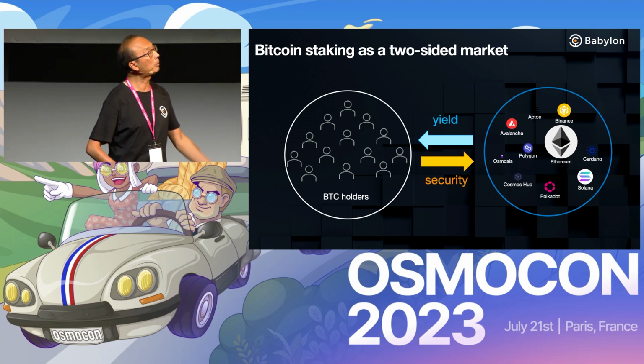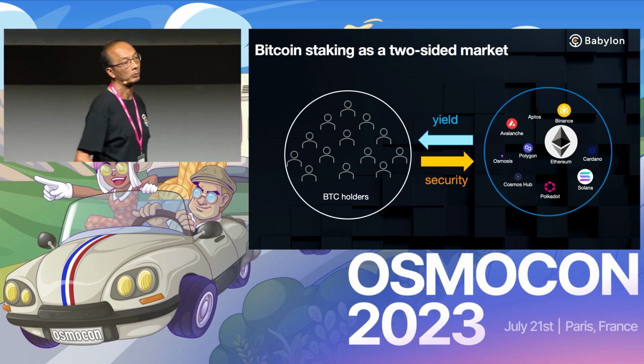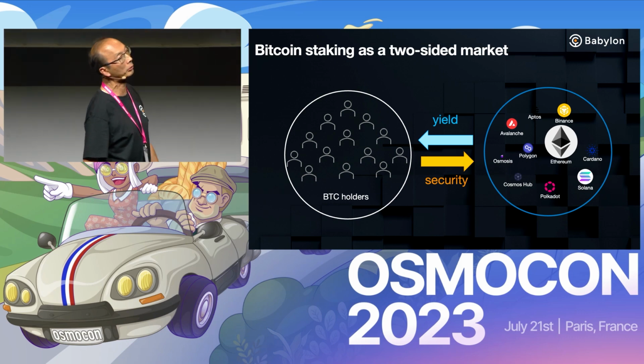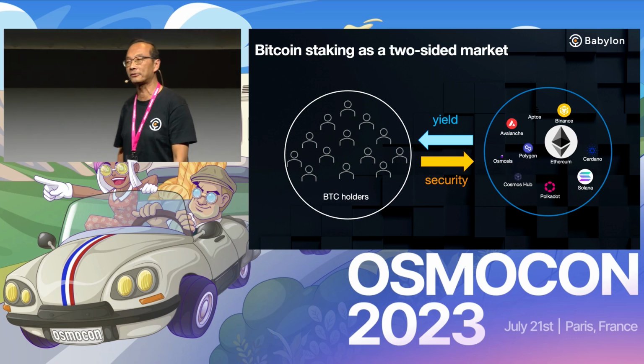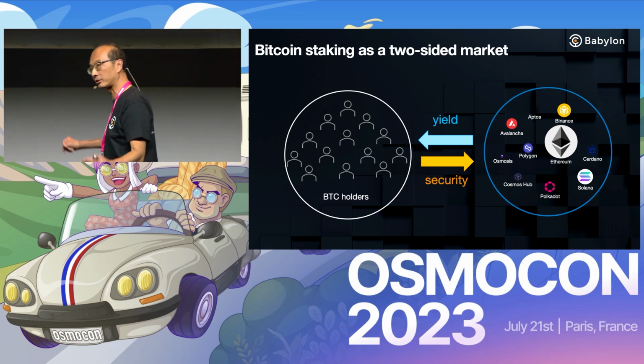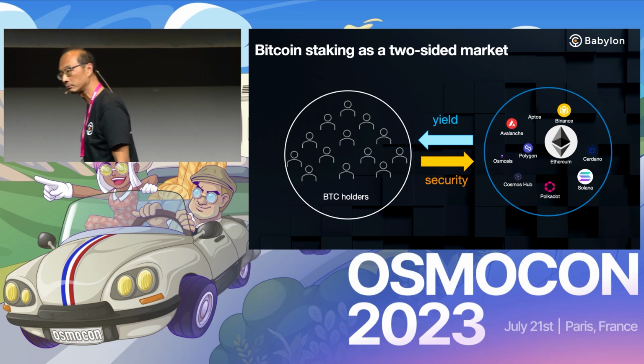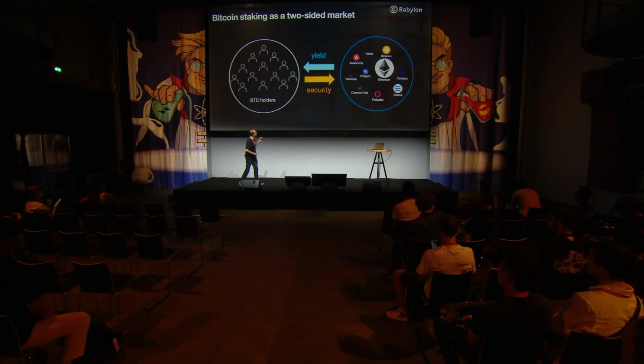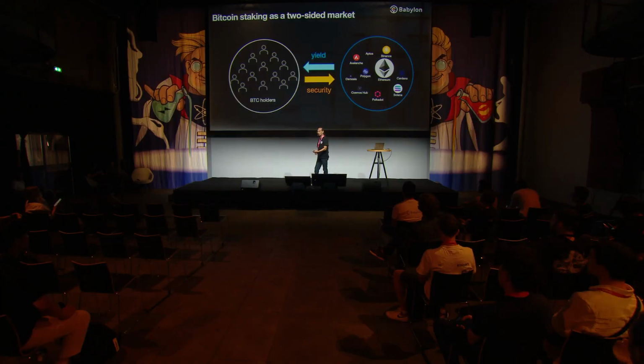So when we design a BTC staking protocol, what we are doing is designing a protocol that ideally would make both sides happy, so that they would participate in this market. Now, from the BTC holder point of view, they are happy if they can earn yield, yet stake in a very secure way.